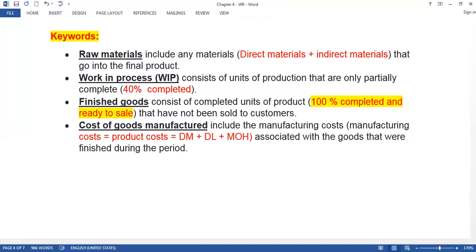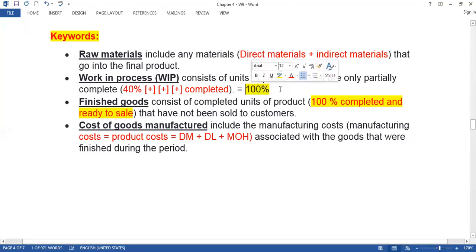So this number will increase, up to 100%, it will increase 3 times. How does it become 100%?